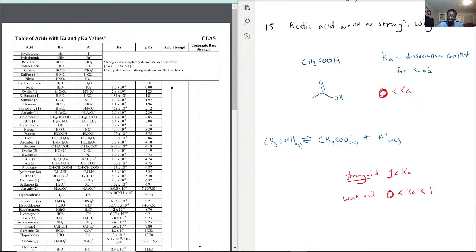When you start dealing with decimals and such, it can get really small, and the smaller it is, the more insoluble or the less it dissociates. Insolubility is usually for when you're dealing with solids. Dissociation is when you're dealing with aqueous solutions like these, where you start with, you know, it's still liquid, like acetic acid is still liquid, but when it enters the forming acetate and hydrogen ions, that's where the issue is. So now let's look at the table finally to see where acetic acid sits.